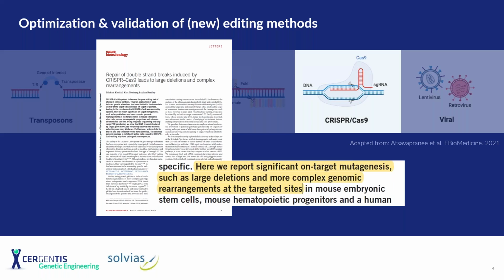Coming back to your CLD work, whether you're applying a random integration approach or adopting more targeted strategies, you will want to evaluate the outcome of your genetic manipulation to ensure that the event you're after has actually occurred as intended. Ideally, you will want to do this as early as possible during your development process to ensure the success and accuracy of the gene editing approach and the quality of the resulting products.